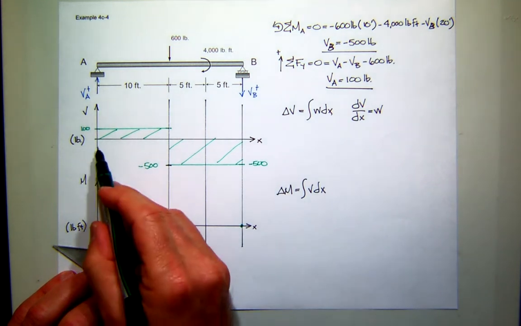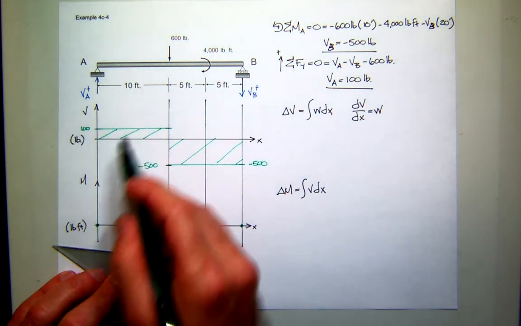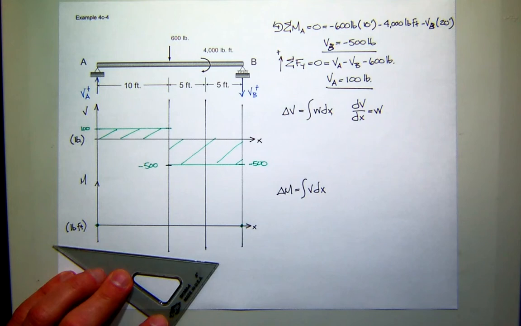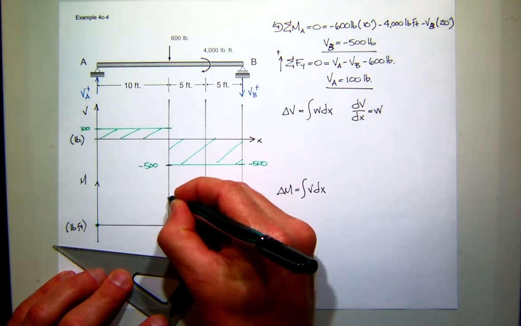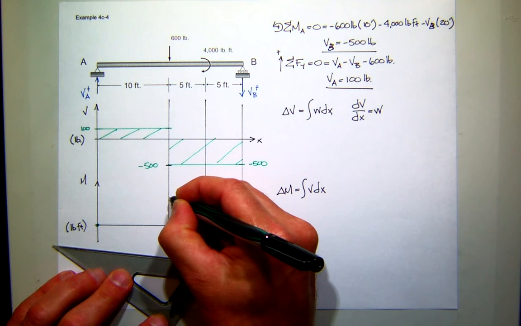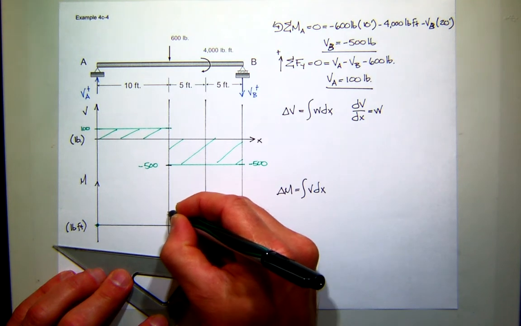So, over the first 10 feet, what's the area of the shear diagram? 1,000, right? 10 feet times 100 should bring us to 1,000. Let me draw this in a way. Okay, we'll say here, 1,000.